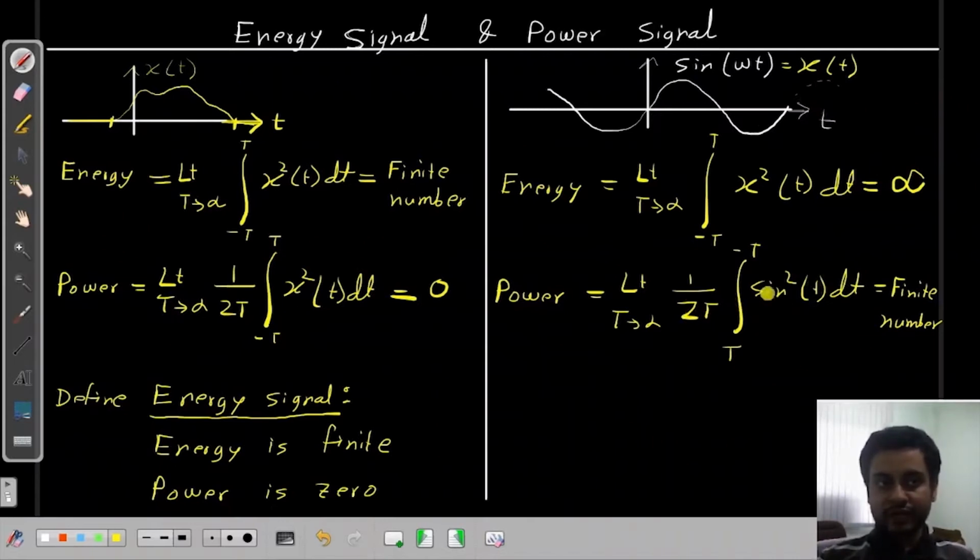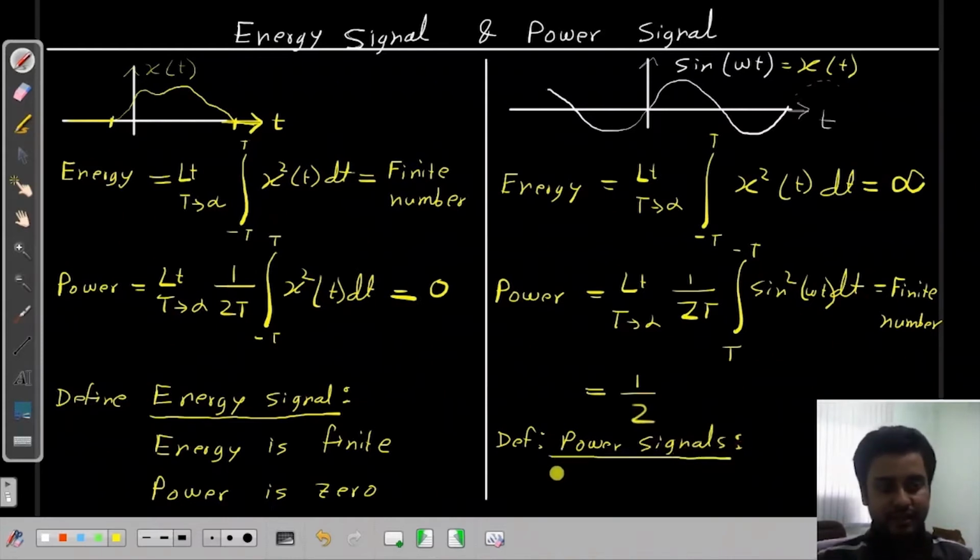So when you divide the total energy by time, you get a finite number. And you know that if it is sine omega t, in that case the result will come out to be 1 over 2. So power signals are signals for which energy is infinite but power is finite.